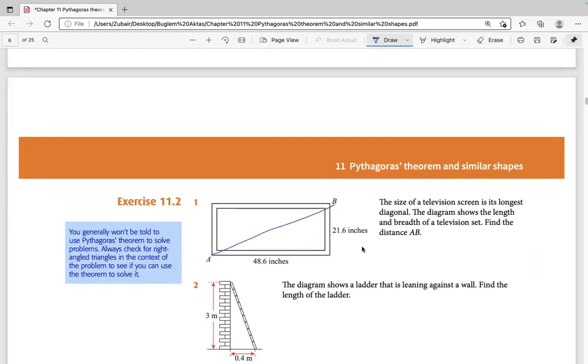So AB would be equal to the square root of 48.6 squared plus 21.6 squared. It gives me 53.1838, approximately equal to 53.2 inches.